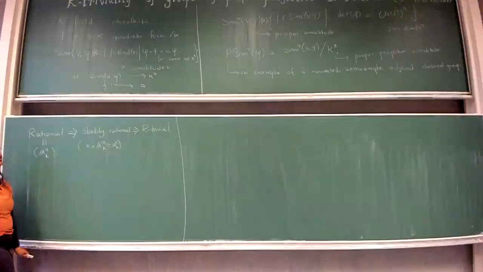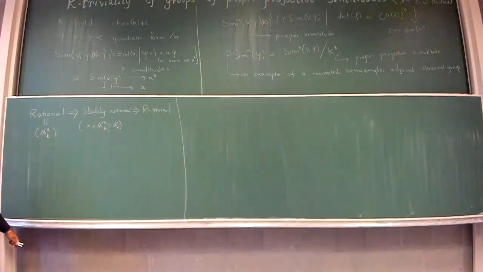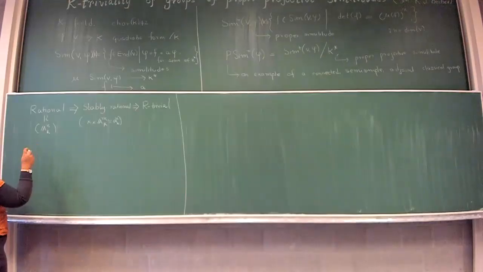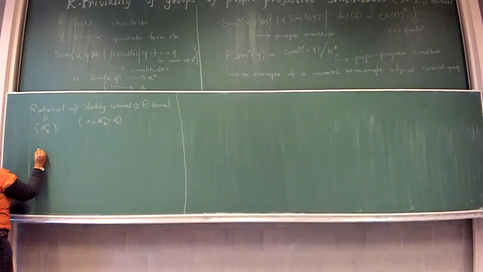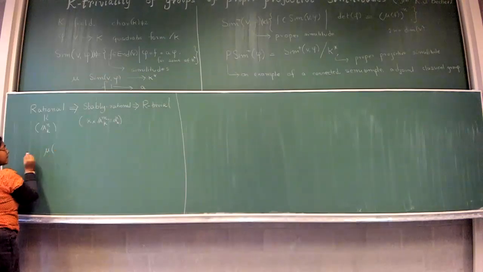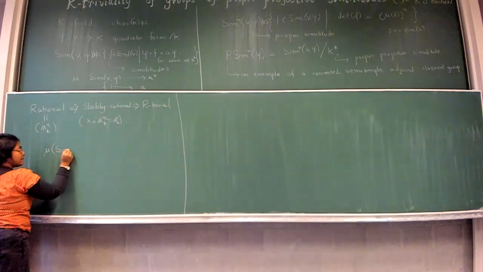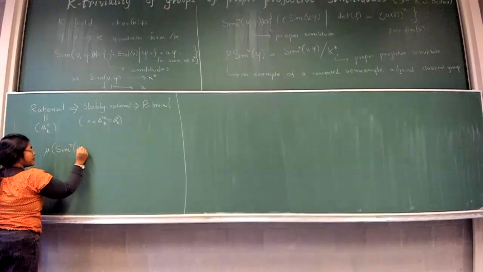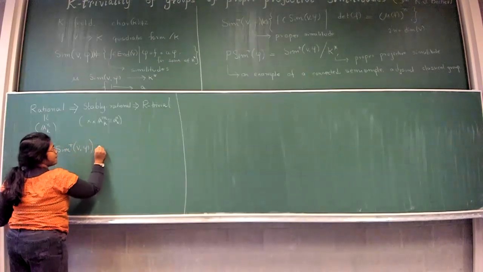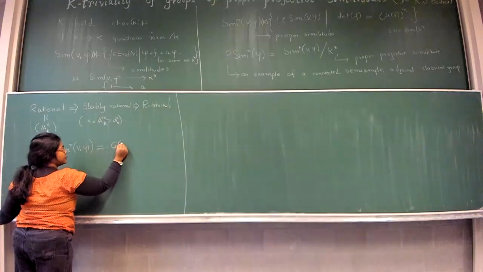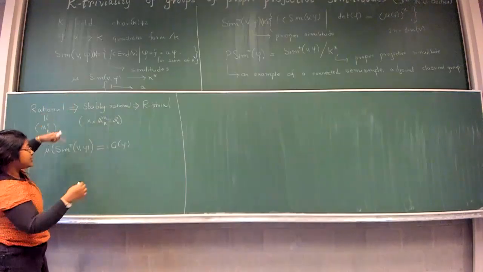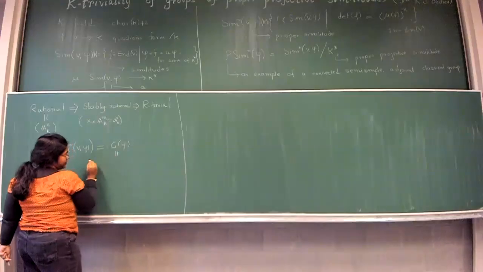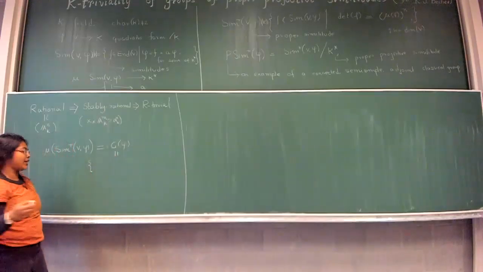So first, let's see what the Merkurjev translation is. What are the two groups? For that, we have to get back to the image of that group homomorphism, this mu. That is A, and this is what we know as the similarity factors.